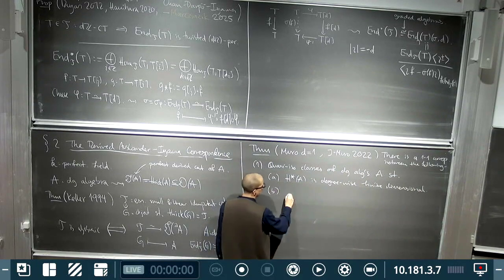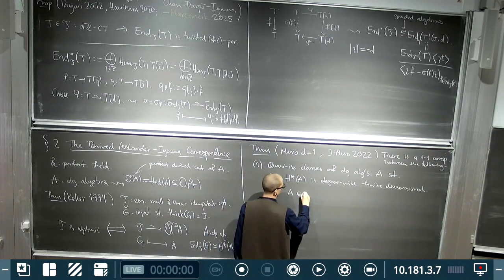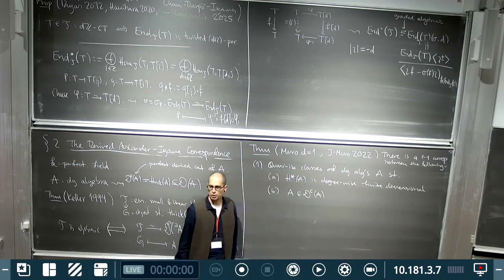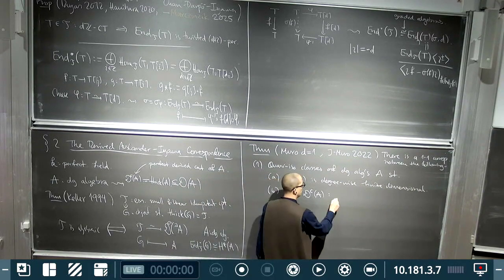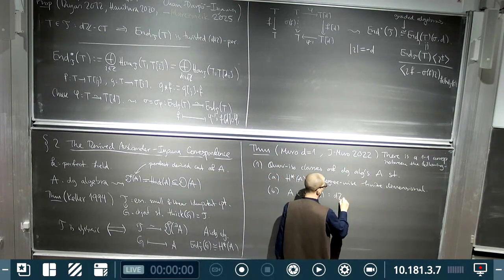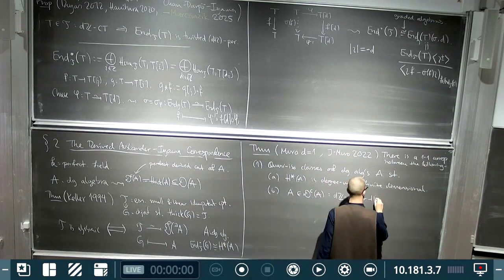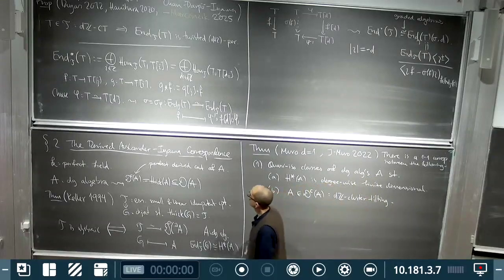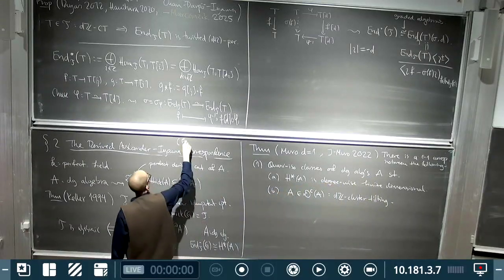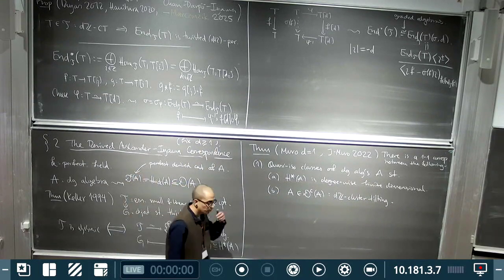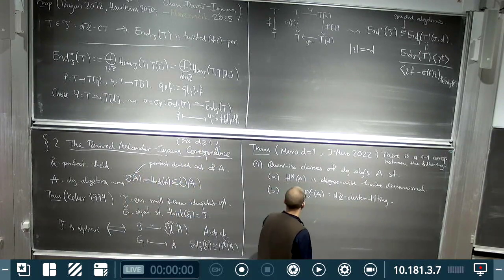And second, the perfect derived category of A has a canonical classical generator, the free DG module of rank 1, and I will ask that this generator is d-cluster tilting. Now here, I'm fixing a positive integer d. Everything is now relative to this fixed d.